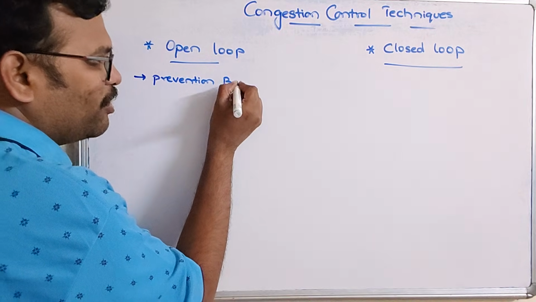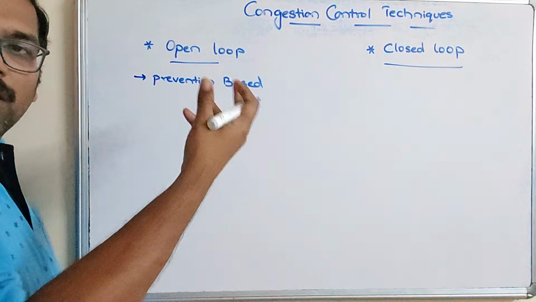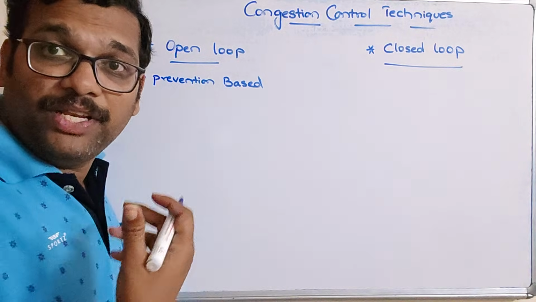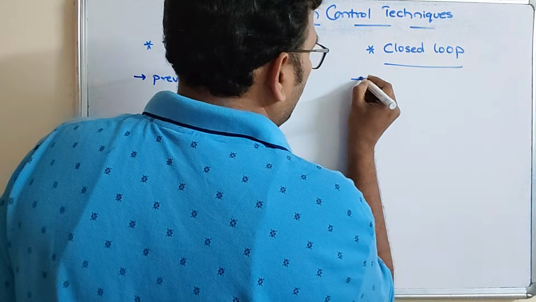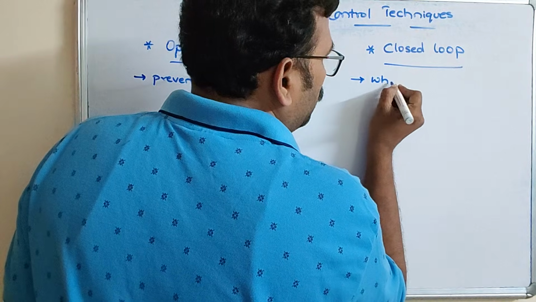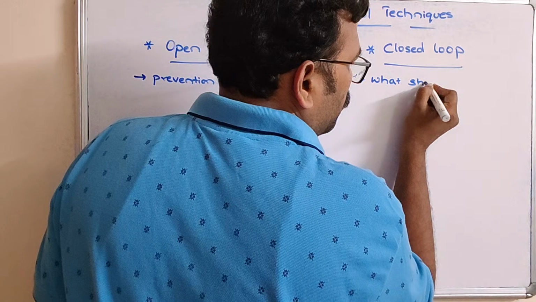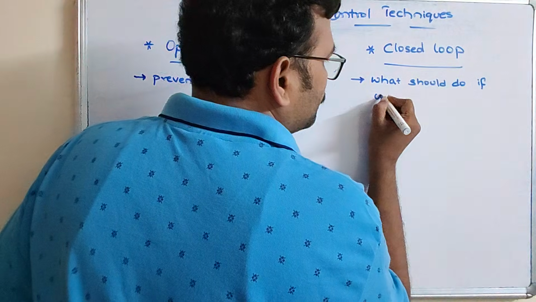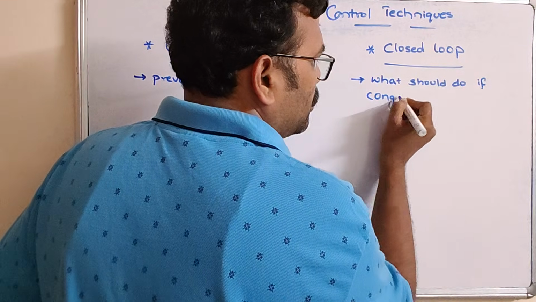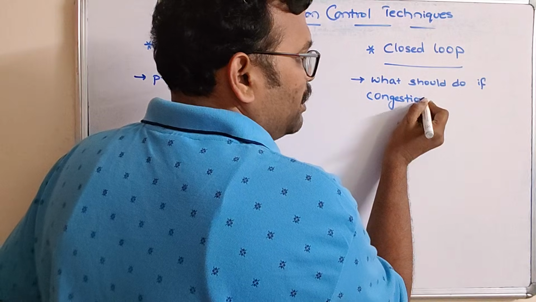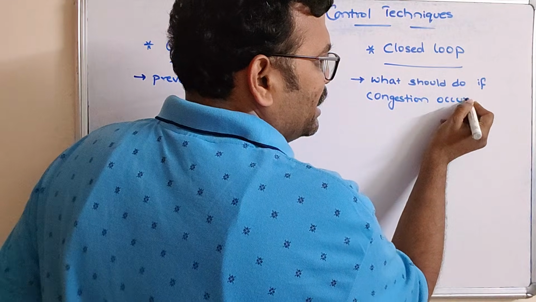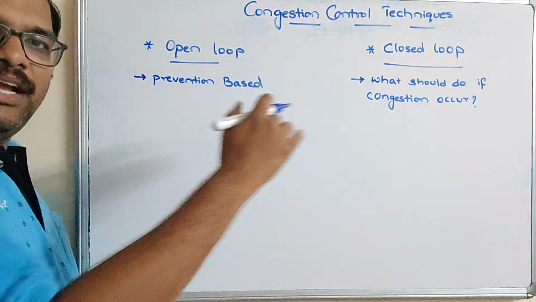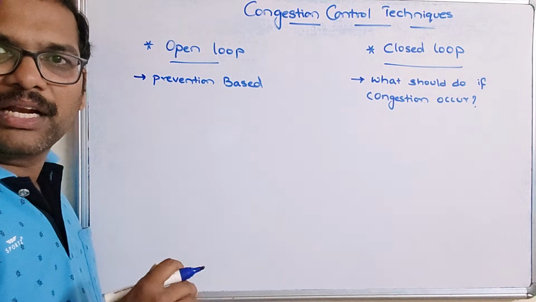That means the designing of the network itself will be controlling the congestion, whatever the things we need to consider. And here, what should we do if congestion occurs? That means in this case the congestion occurs and we have to take care of that congestion.